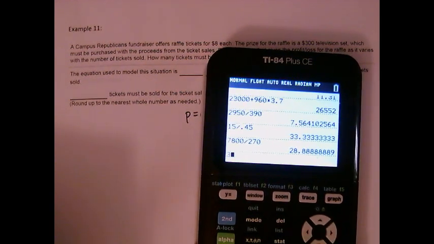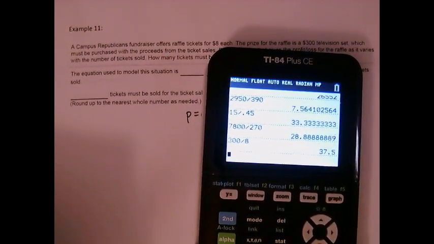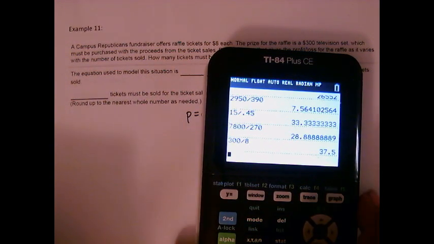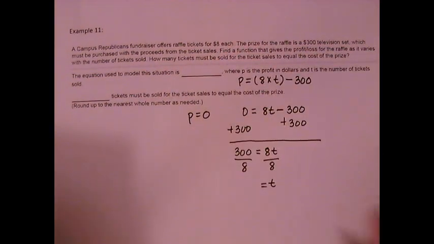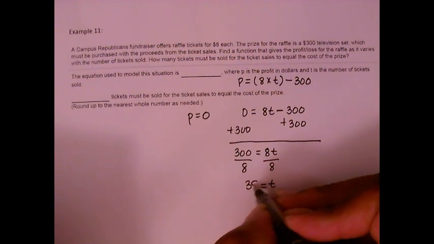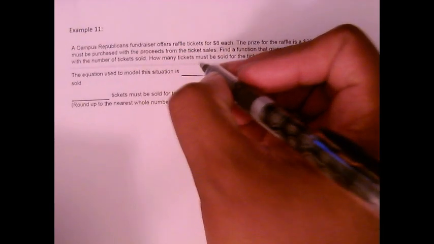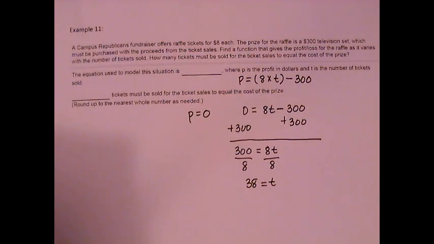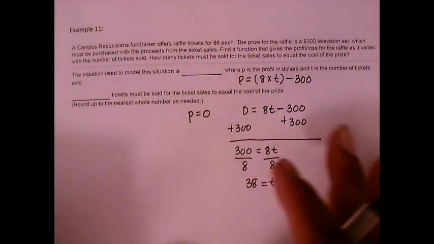So 300 divided by 8 is 37.5, but we're going to round up to 38. So here, 38 tickets have to be sold for the ticket sales to equal the cost of the prize.